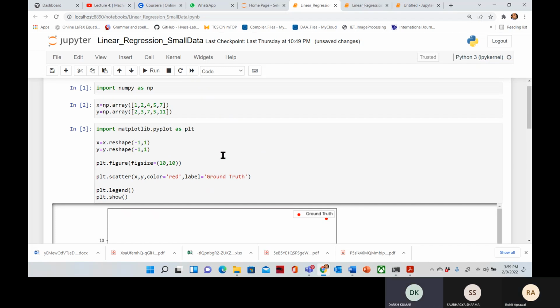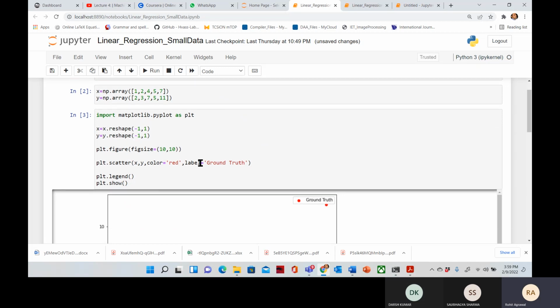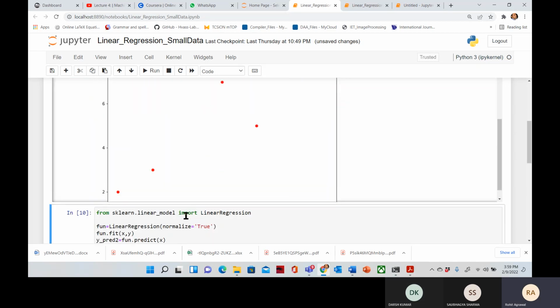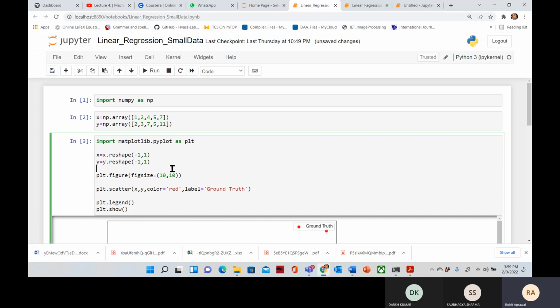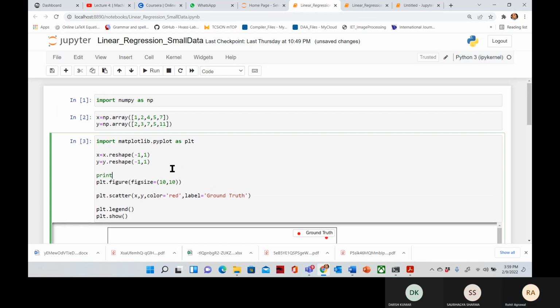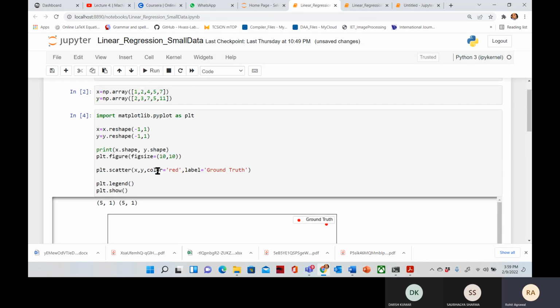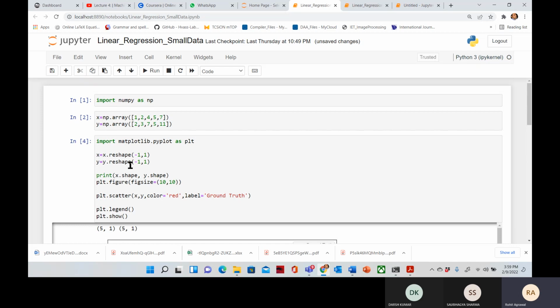Hello? Yes, sir. Okay. I think all of you missed one thing. Print x dot shape and y dot shape. Okay. Why did I use this -1 to 1?